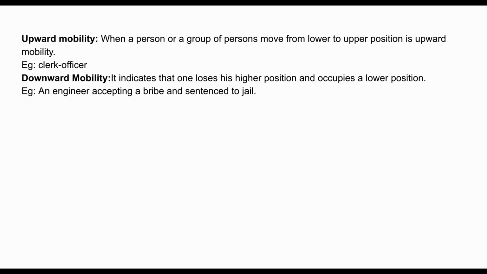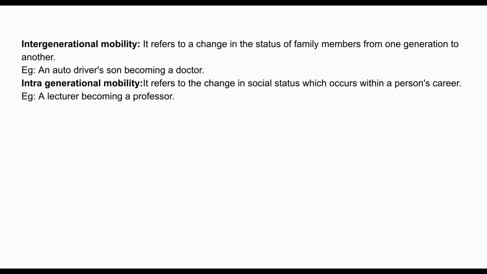Now let us get into one more type of mobility, intergenerational mobility and intragenerational mobility. So what is inter? Inter means when we are comparing ourselves to another person. It refers to a change in the status of family members from one generation to another.